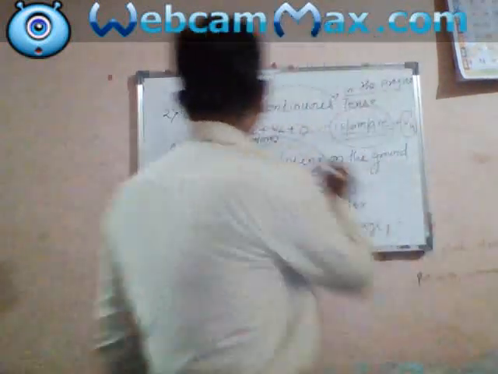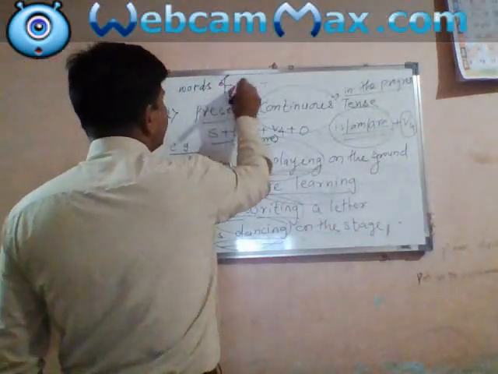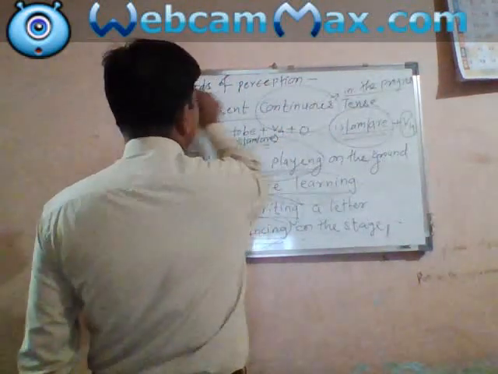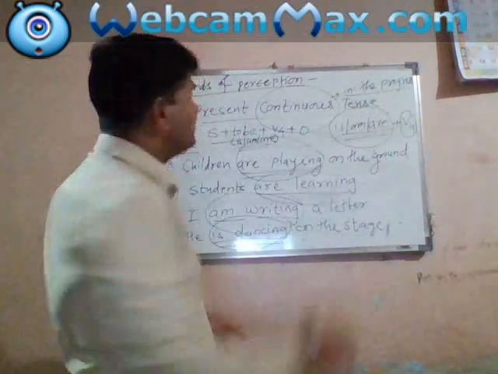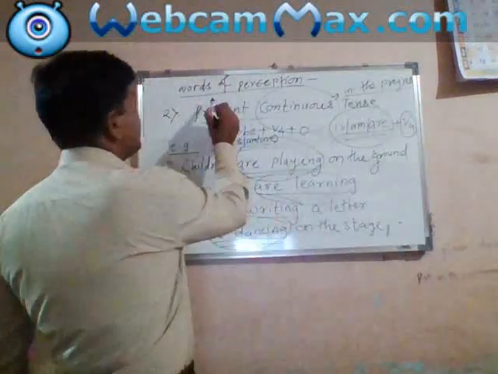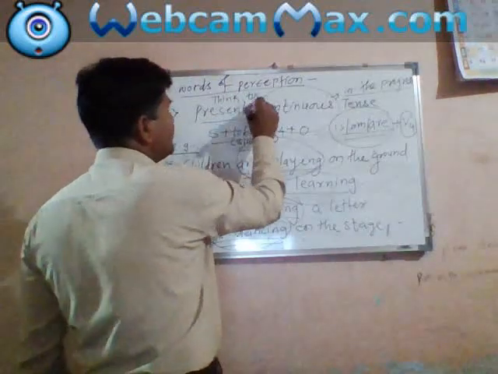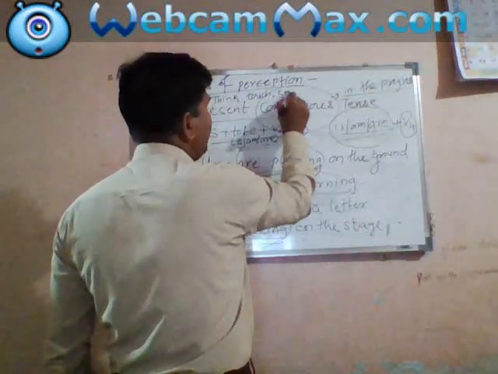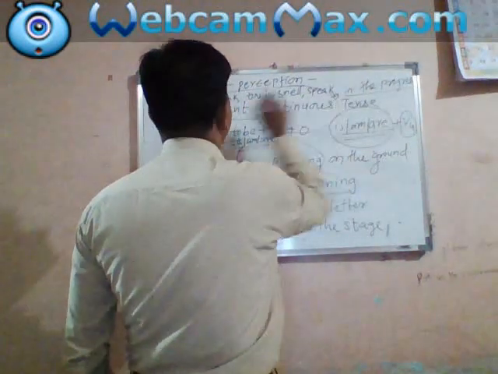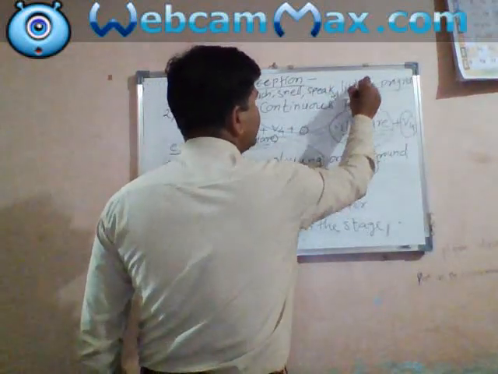You see, which are words of perception? Words of perception mean words of sensory organs, that is think, touch, smell, speak and listen.